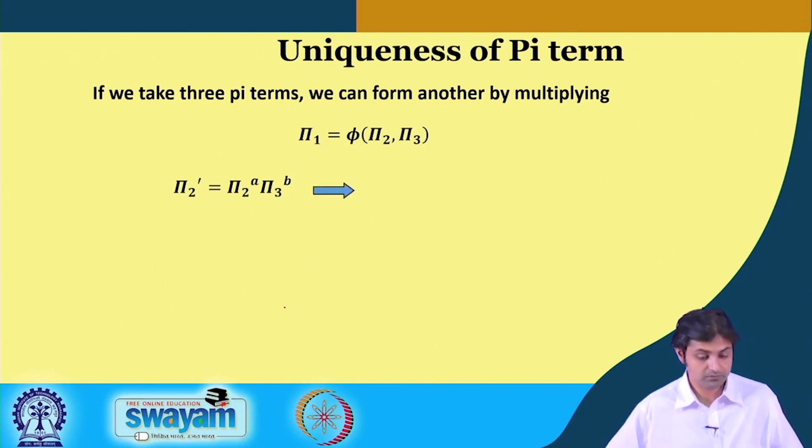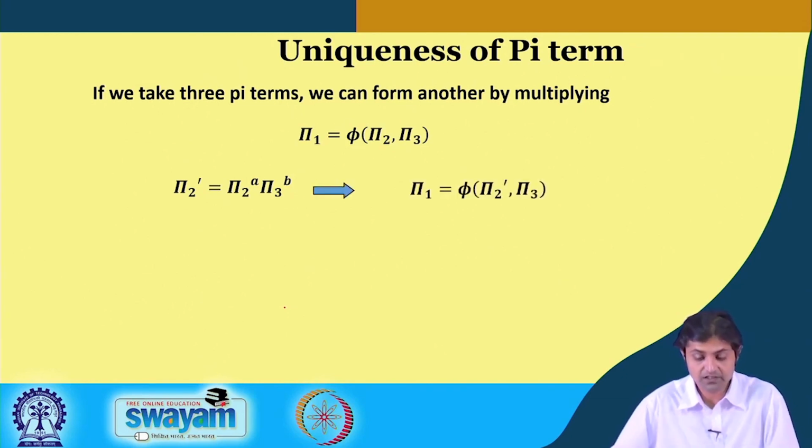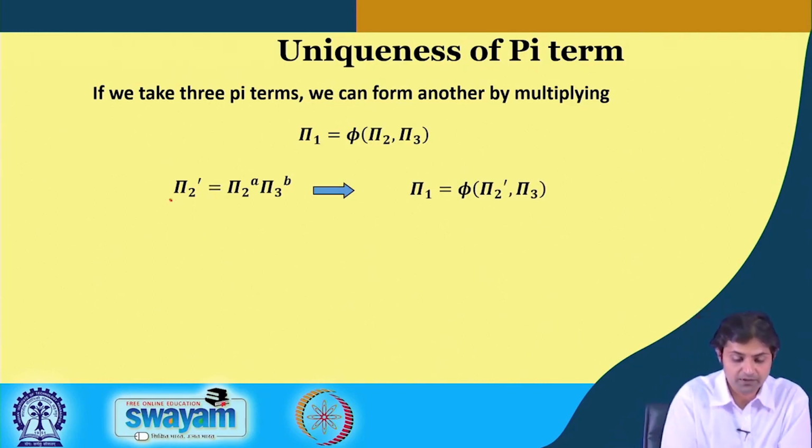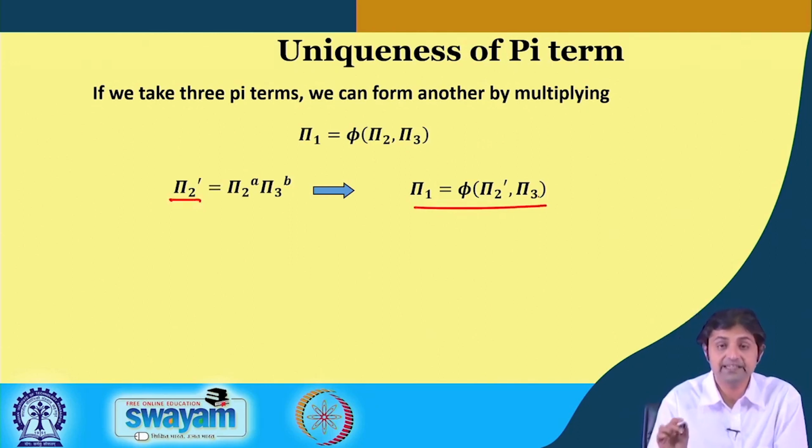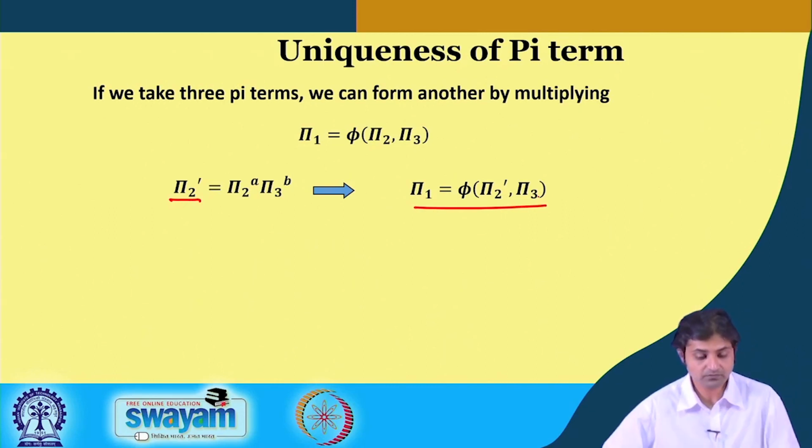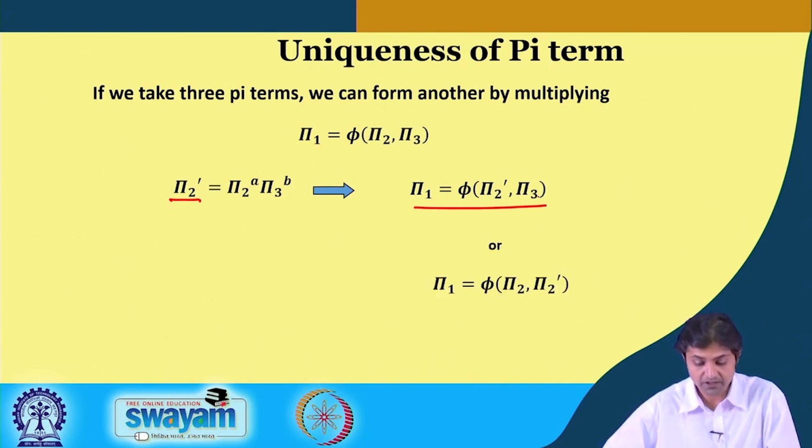Or pi 1 is a function of pi 2 dash and pi 3, and this is exactly what happened in the last question that we were doing. Or pi 1 can be written as a function of pi 2 and pi 2 dash, because it already contains pi 3. So, not a problem.